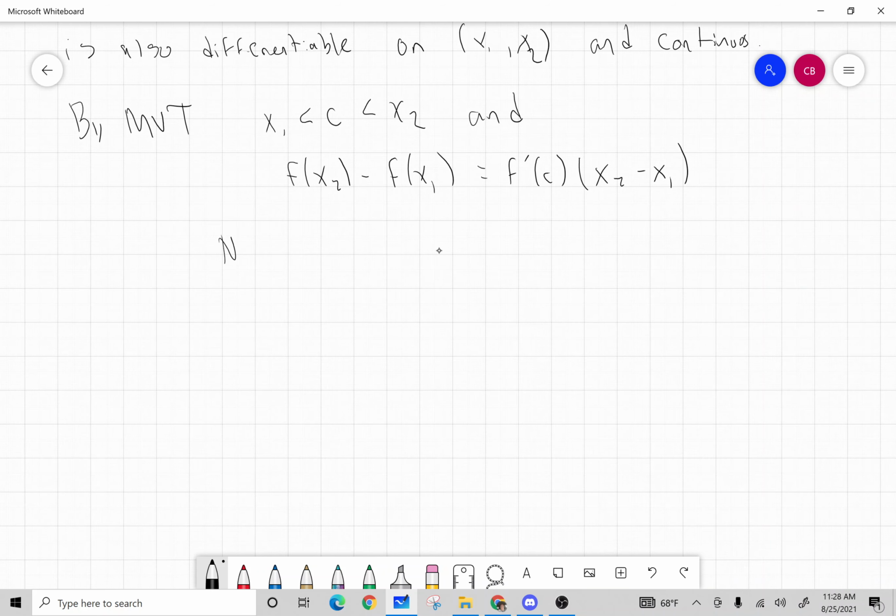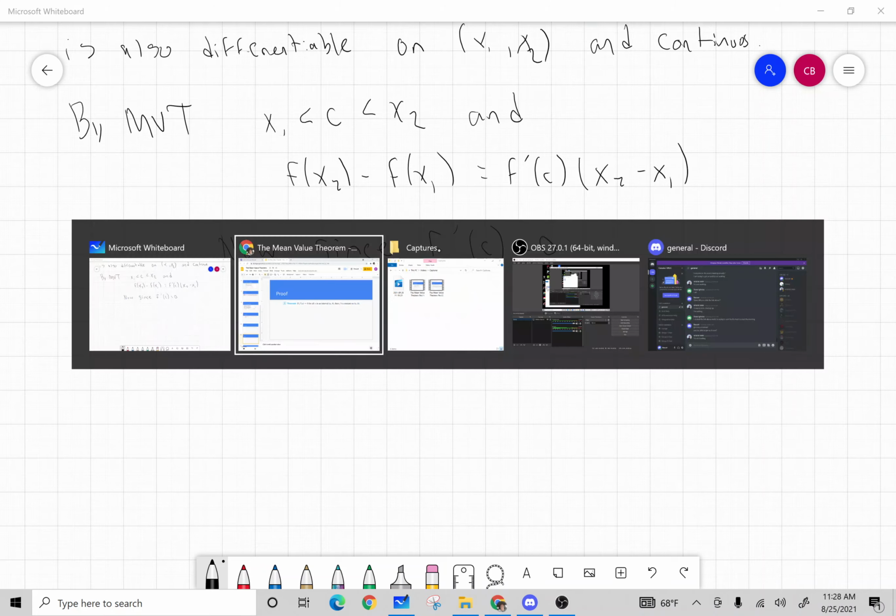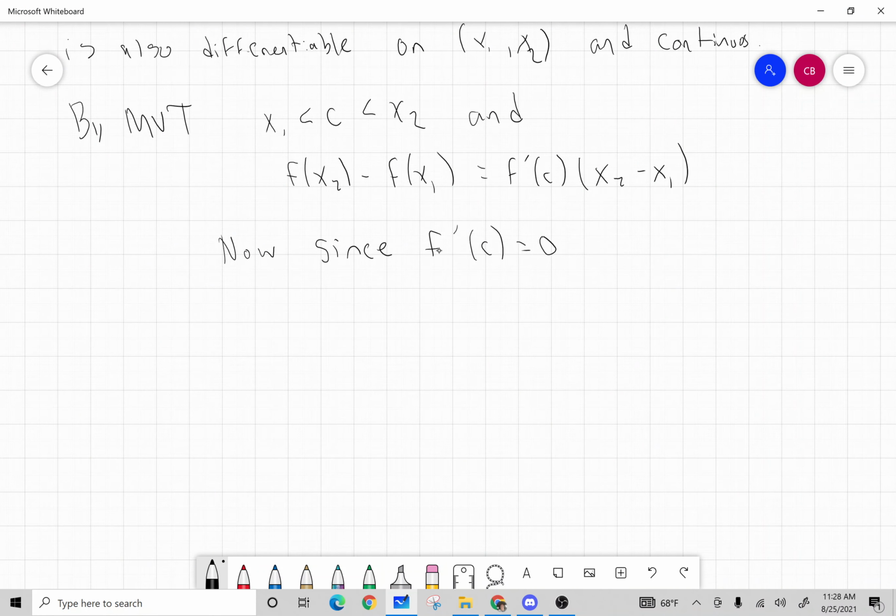Now, since f prime of c is equal to 0, right? Because that's part of our assumption. It said if that happens. Okay, so that's happening. f of x2 minus f of x1 is equal to 0, or f of x2 is equal to f of x1.